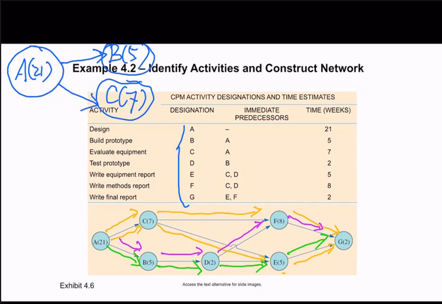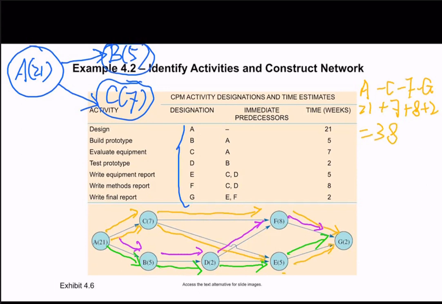We need to sum all the activity times together. For A to C to F to G, it is 21 plus 7 plus 8 plus 2, which equals 38.